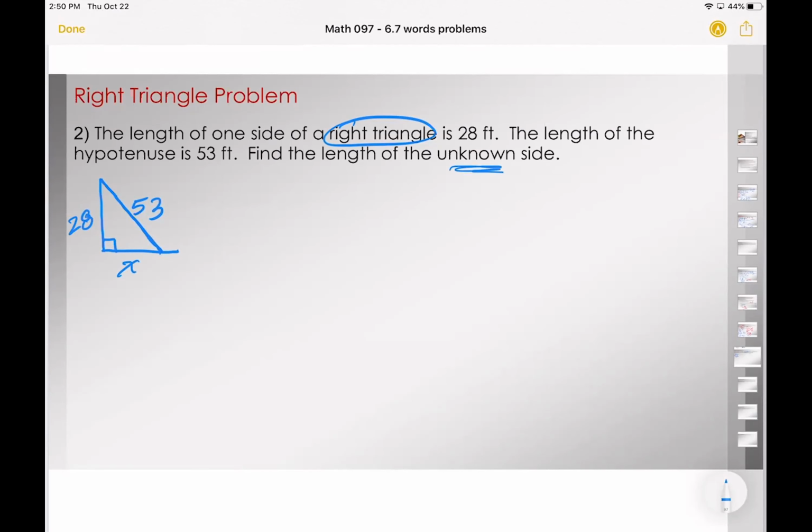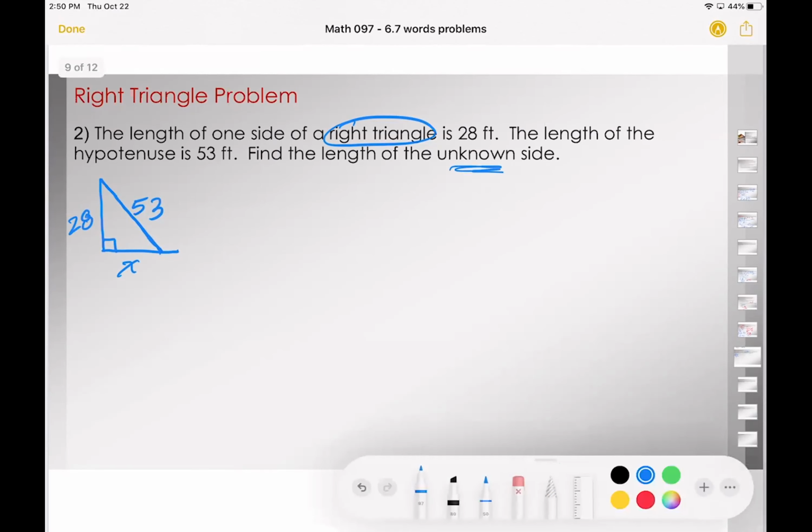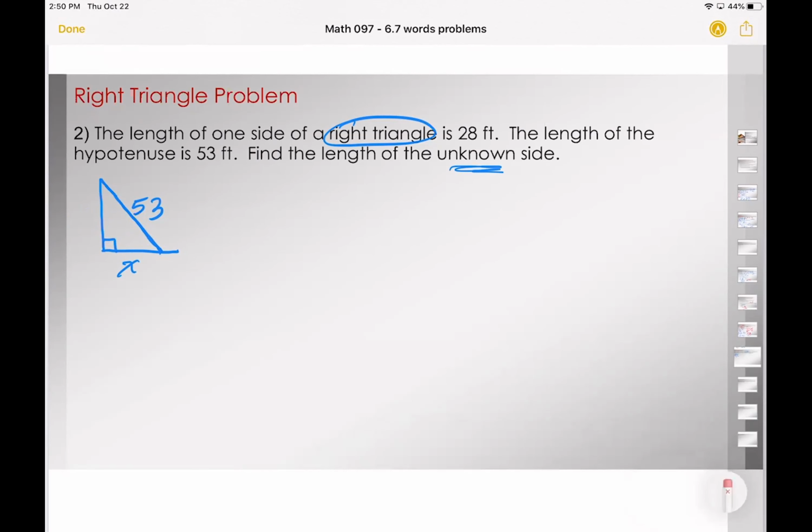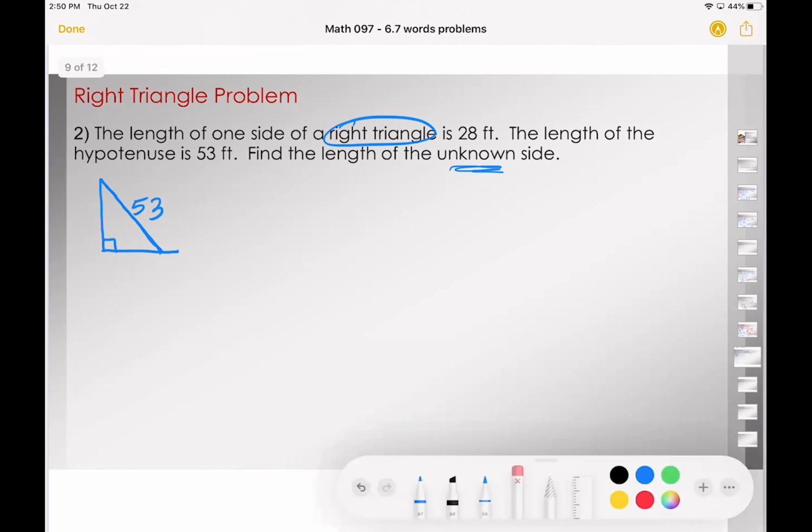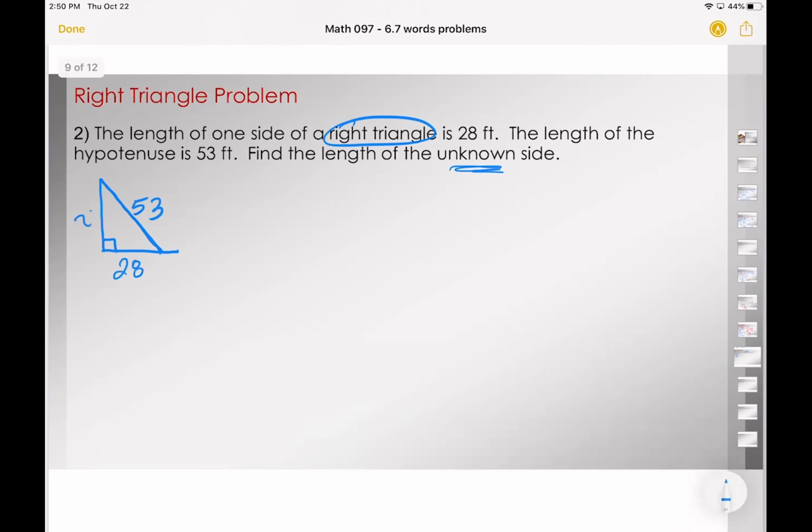It doesn't matter if you put the 28 up here or down here. If you put the 28 down here, then this up here has to be your x, your unknown. As long as the leg is either the vertical or the horizontal line, the hypotenuse has to be the diagonal line.